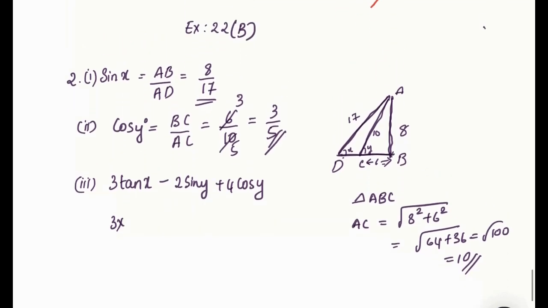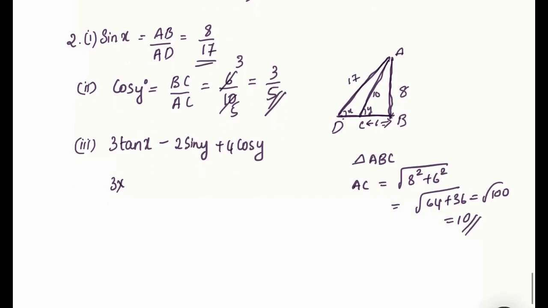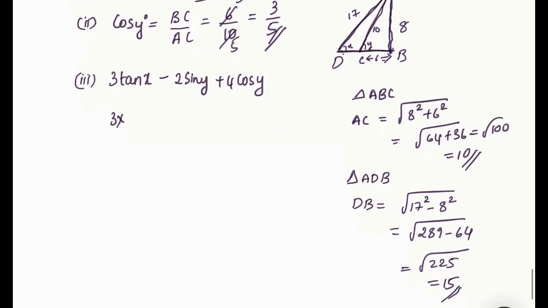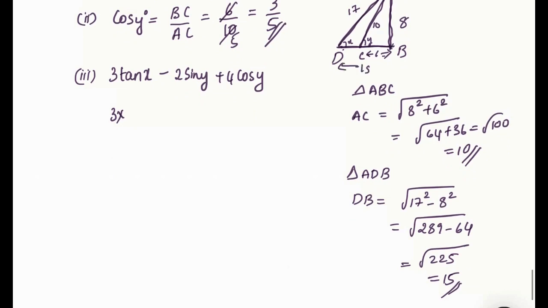Base you need to find out. So how do you find out the base? Base means you need to write the triangle ADB. You need to find out DB. DB is equal to root of 17 square minus 8 square, that is equal to root of 289 minus 64, equals root of 225, that is equal to 15. So you get that as 15.